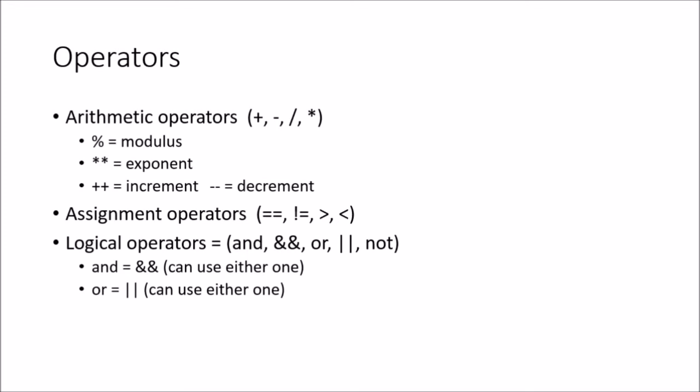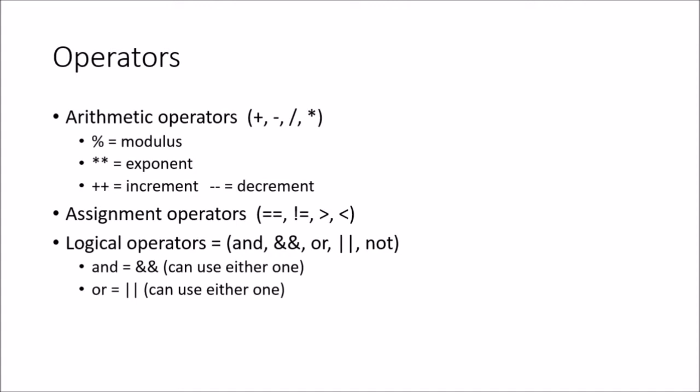The modulus is the same, but a difference from what we've seen in C++ is that instead of using pow, to use an exponent the symbol is the double star. That's what you would use for Perl instead of C++. But the decrement and increment do stay the same.